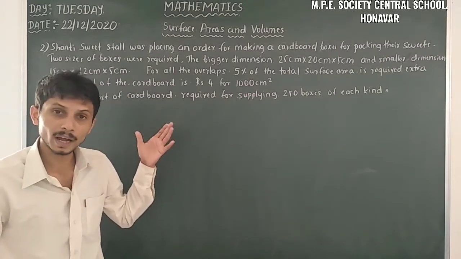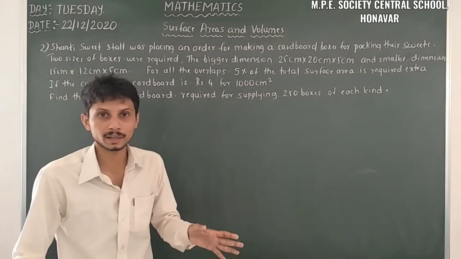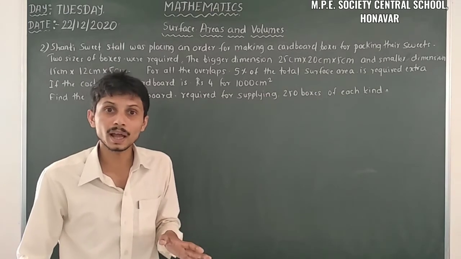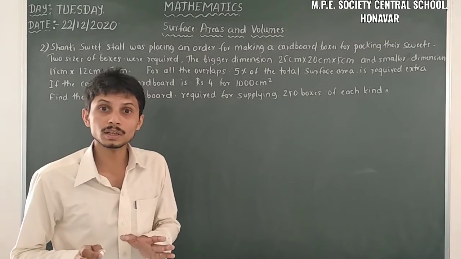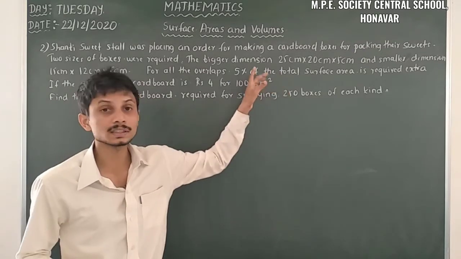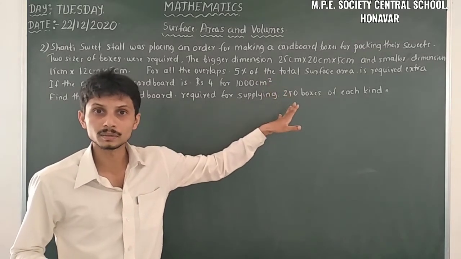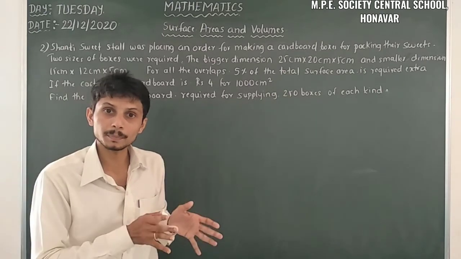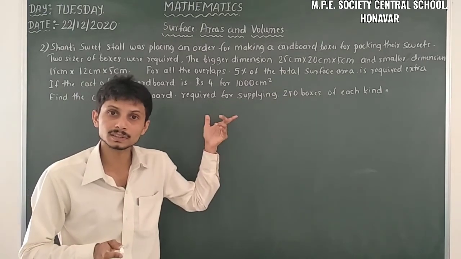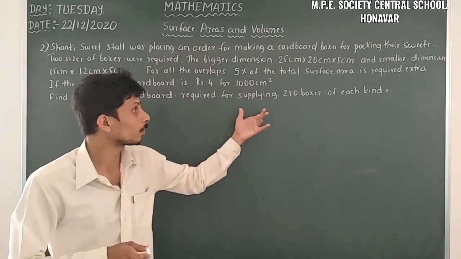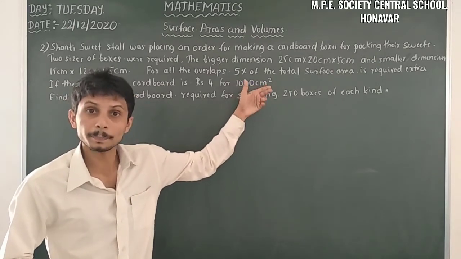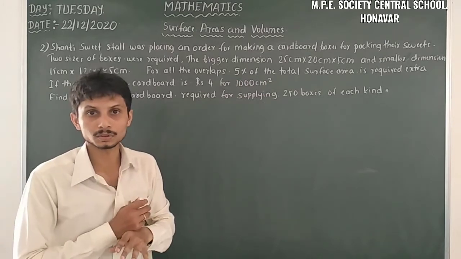So here we have the bigger dimension and the smaller dimension. For each we have to find the total area required, in which the 5% is also included. For the 250 boxes, it requires 5% extra cardboard.